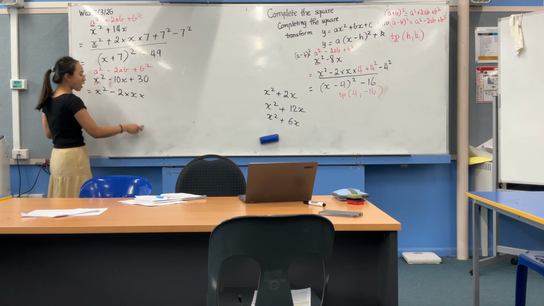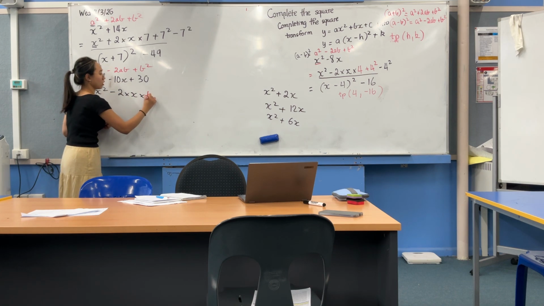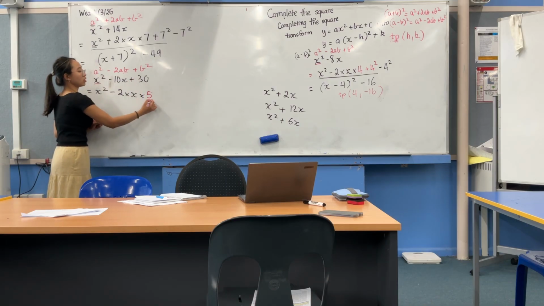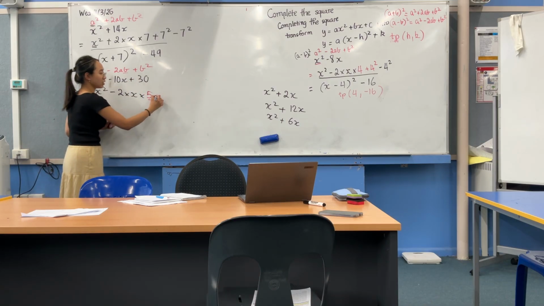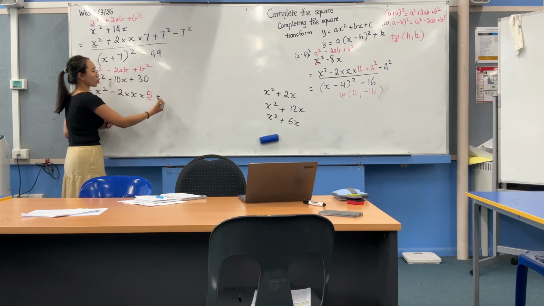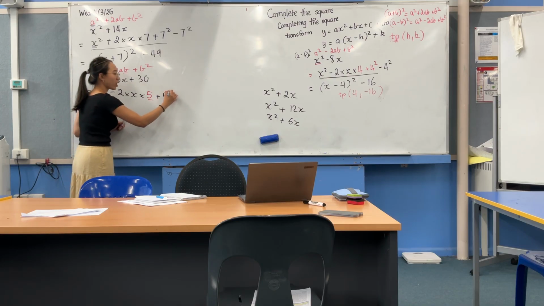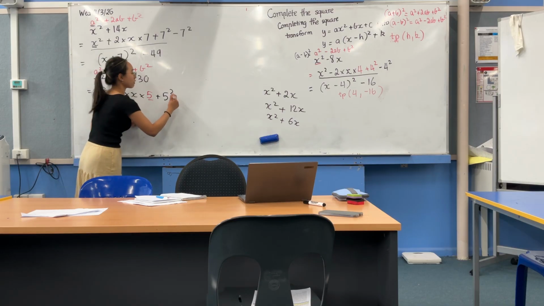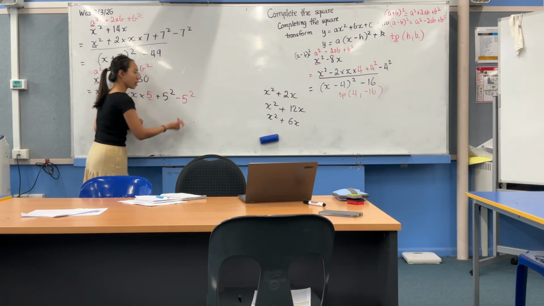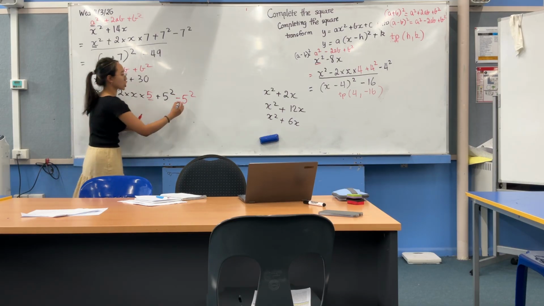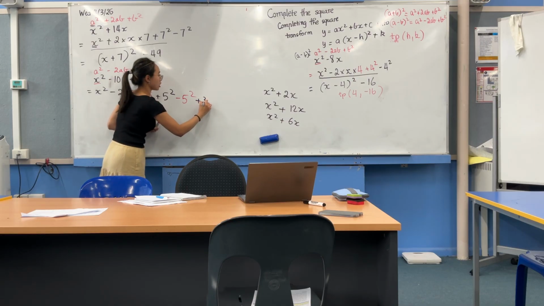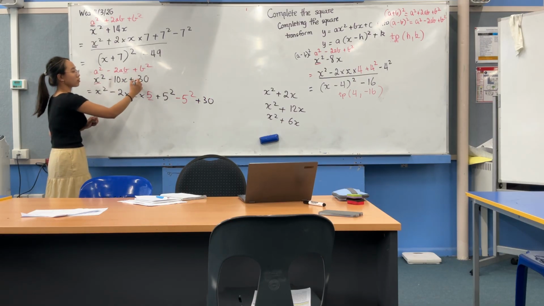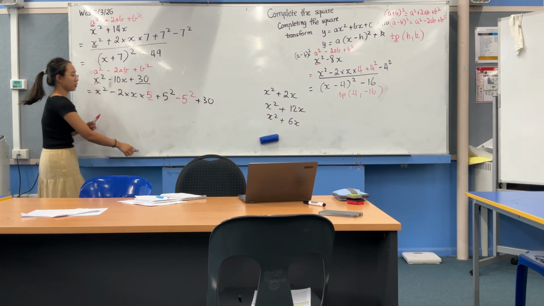We're going to have 5 as your b, so you found your b here. And then plus b squared. Now b squared will be 5 squared. As you add 5 squared, you have to subtract 5 squared. You borrow, then you subtract to return it, and then plus 30, because 30 is the term that we haven't touched yet.